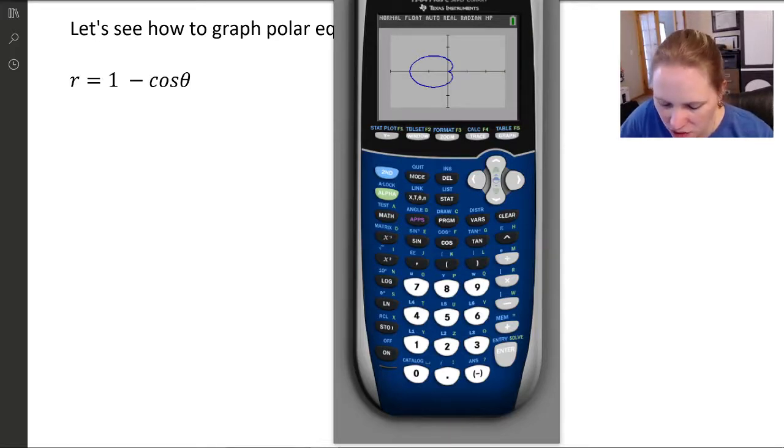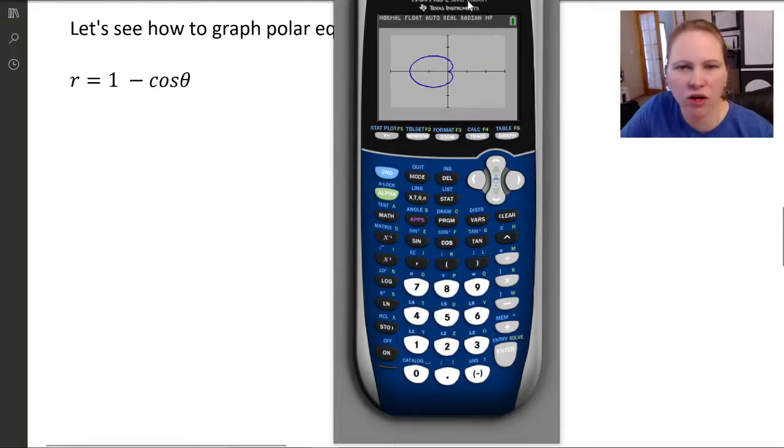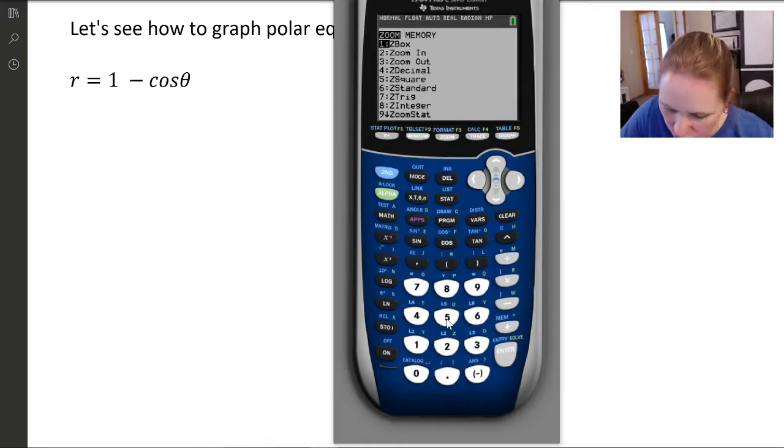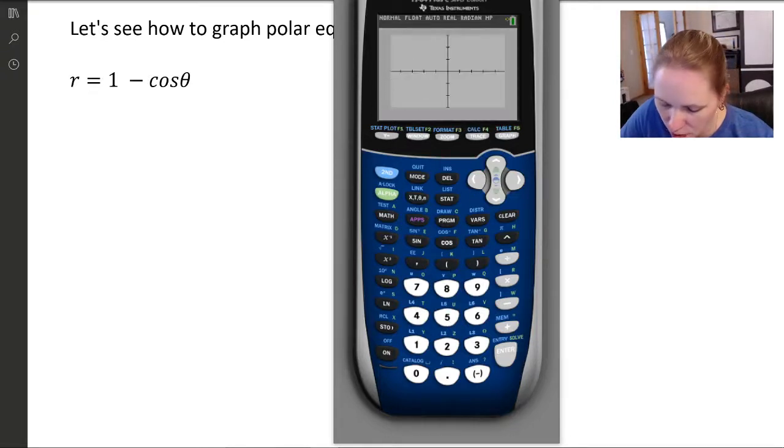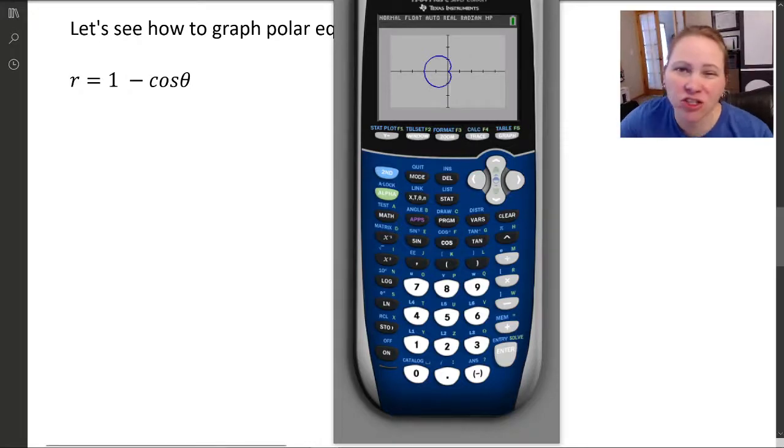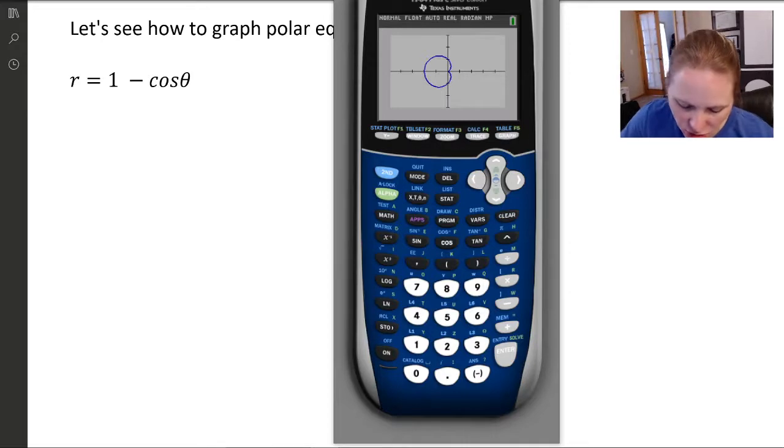And it's kind of skewed though because of my rectangular screen. So once I get my window to where I like it, I'm going to hit zoom 5, and what zoom 5 does is it squares up my window, and now I can see that this is what the function actually looks like. It's not that elongated thing. It's this nice round shape. So this is how we graph these polar functions in our calculator.